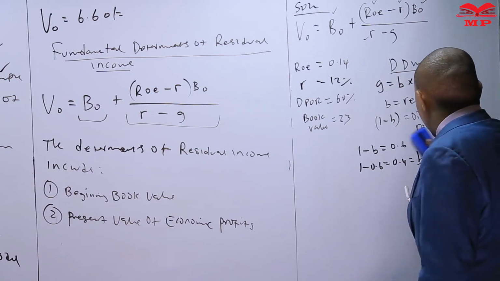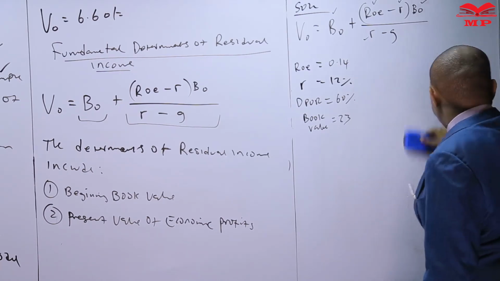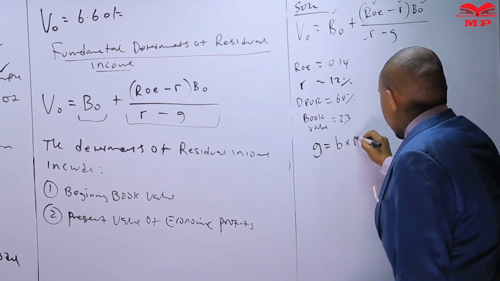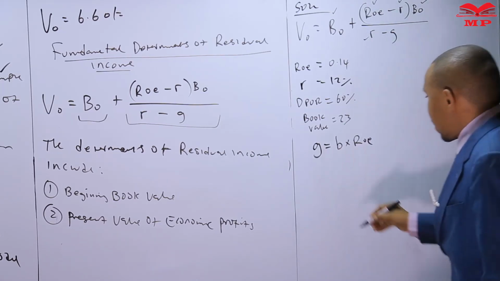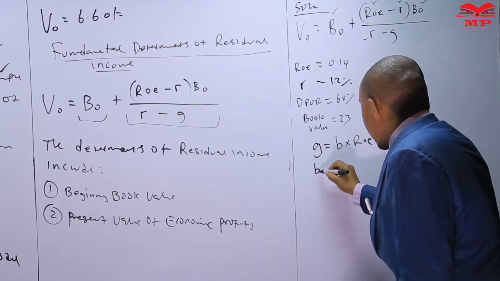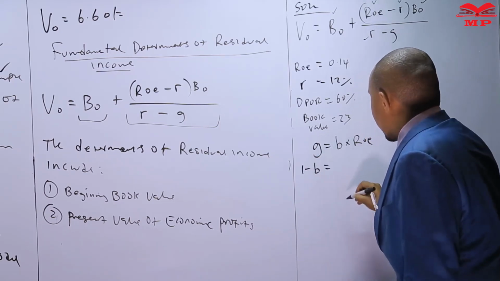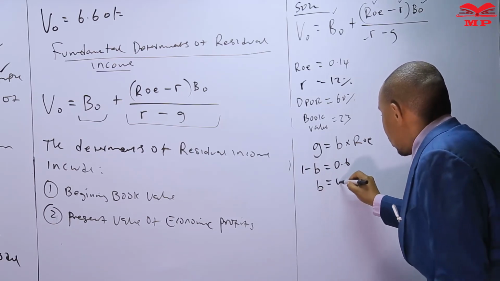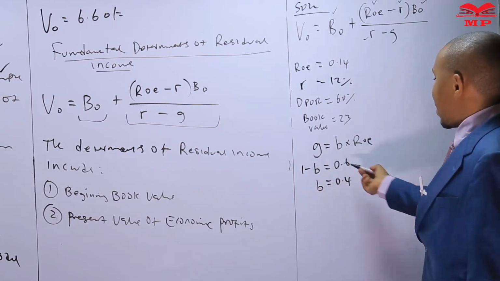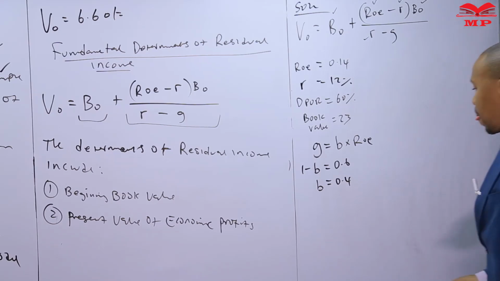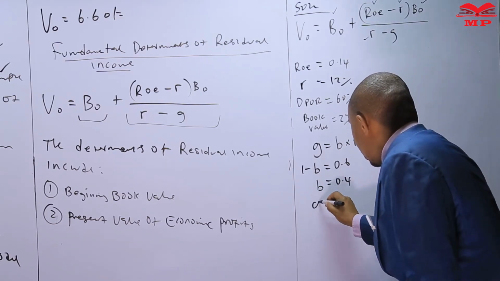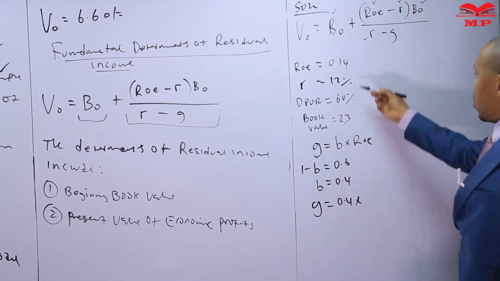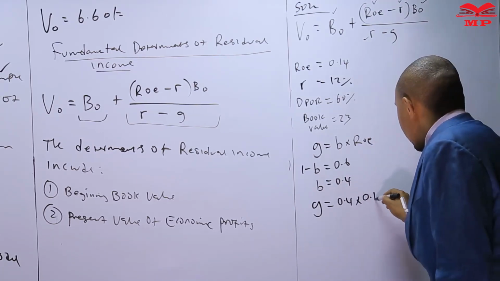So putting it all together, G is given as b times ROE. 1 minus b is 0.6, which means b is 0.4. G is b, which is 0.4, multiplied by the ROE, which is 0.14.